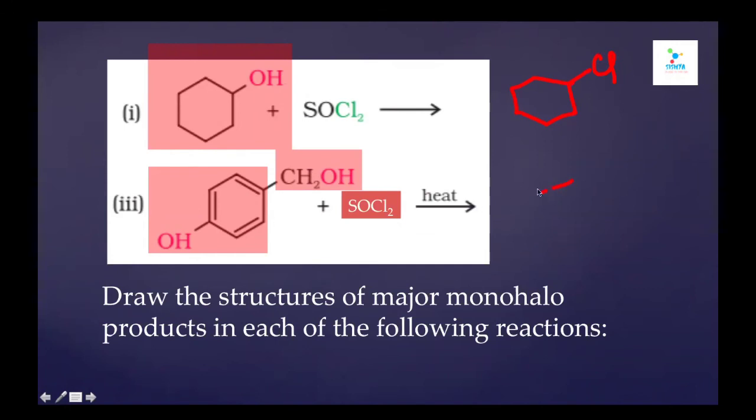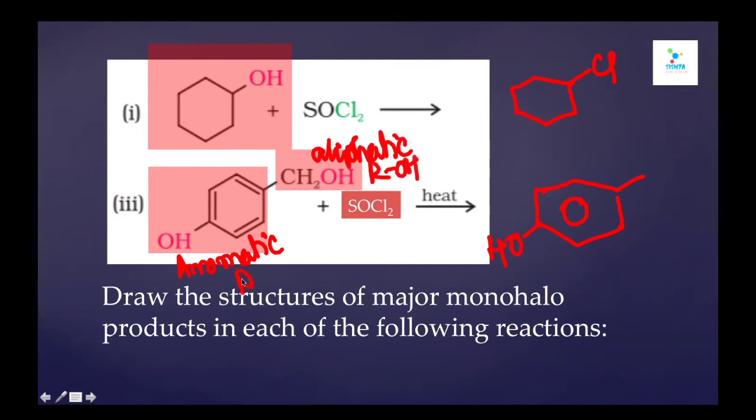In the second, the benzene will be there, and the OH will remain as it is, since it is an aromatic alcohol. This one is aromatic, this one is aromatic, this one is aliphatic. Only aliphatic ROH can be converted, ArOH cannot be converted. So the product will be CH2Cl.